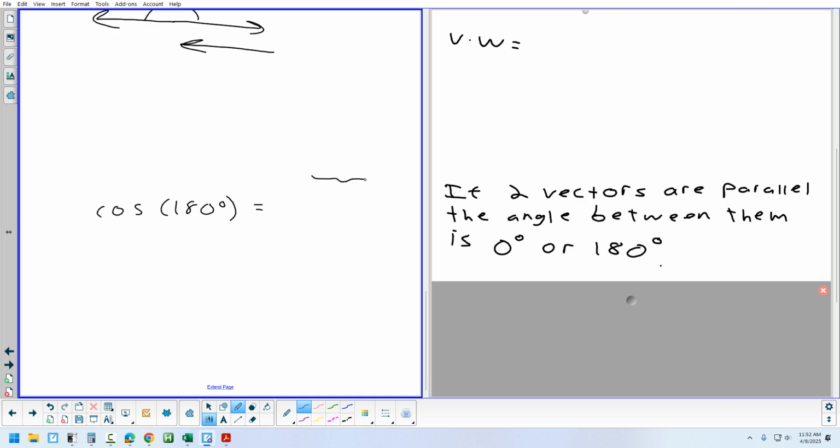You'd have the dot product in the top, and the product of the magnitudes in the bottom. If I do the cosine of 180, what do I get? -1. Cosine of 180 is -1.